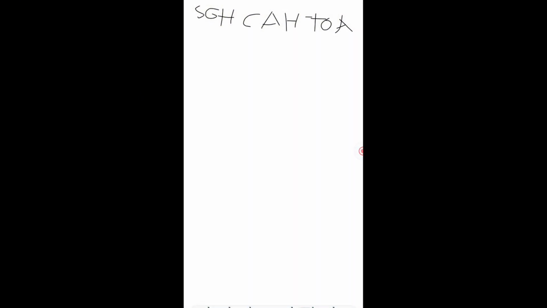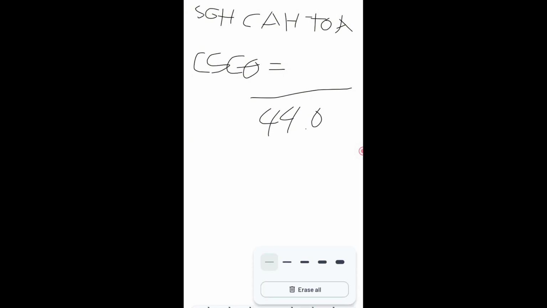So I'm back, and now we will solve for the cosecant, secant, and cotangent. For our cosecant, it will be hypotenuse over opposite, so 44.0538 over 34.25.